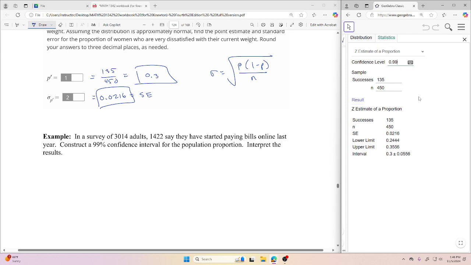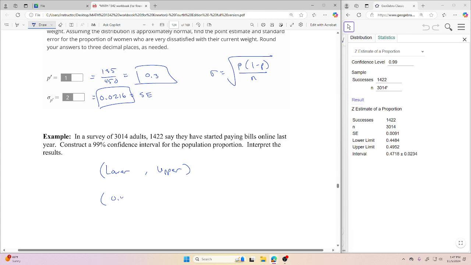So I'm going to put in 99, 1422, 3014. Enter. I mean, that's it, right? We're done. So they're really looking for the lower and the upper, and that's it.